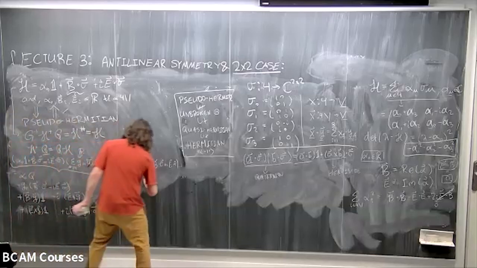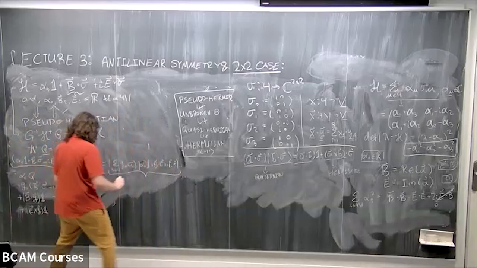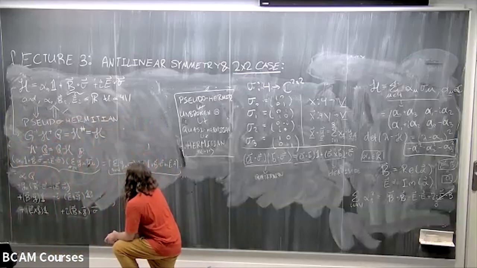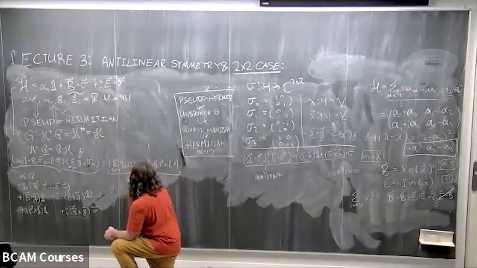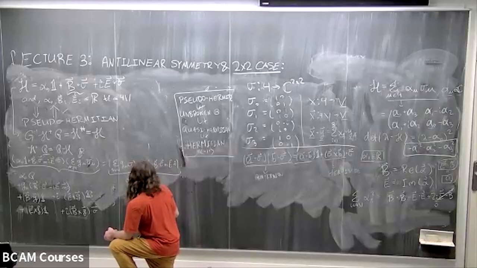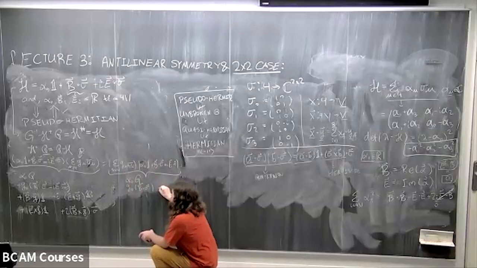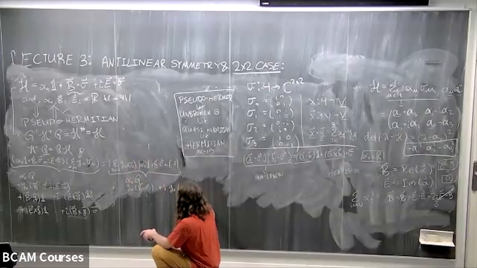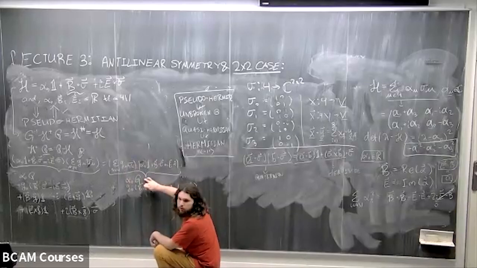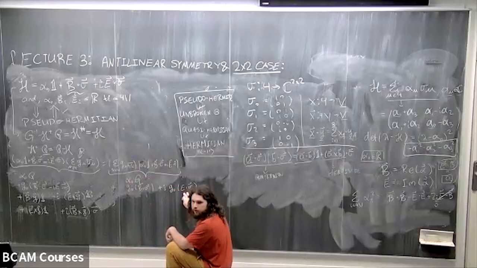And if you expand this out, you still get alpha 0 G. And then from the G0 terms, you get this. Now you get plus I G0 dot sigma. So you can see two of these terms are the same, but I picked up a minus sign on the imaginary term.